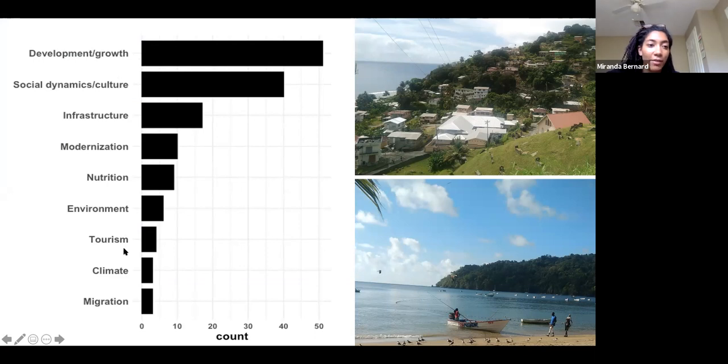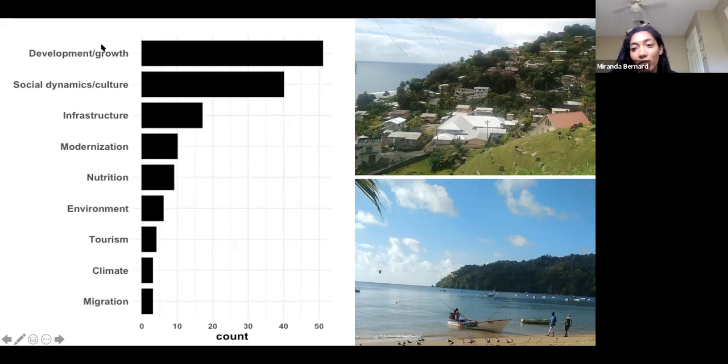And so a lot of it's development and growth, a lot about social dynamics, so how people are interacting with each other and how that social cohesion is changing over time, and infrastructure like roads. And then we see a few mentions of the environment and climate and weather patterns, and a few about migration.